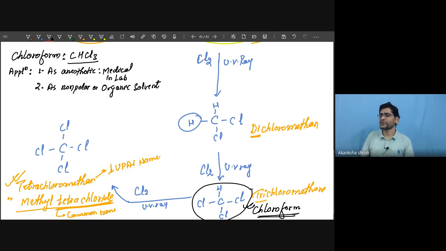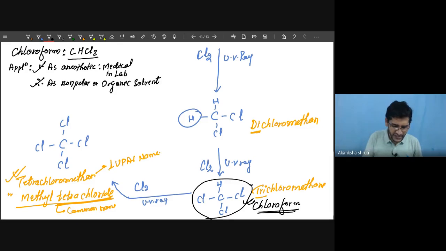Wherever we have to clean grease or any organic dirt, we can use this. So these two are the important applications. For that purpose, it is frequently asked. Mostly the common name is given and you will be asked to identify the structure. So this is chloroform, you have to keep in mind. Chloroform has more importance.